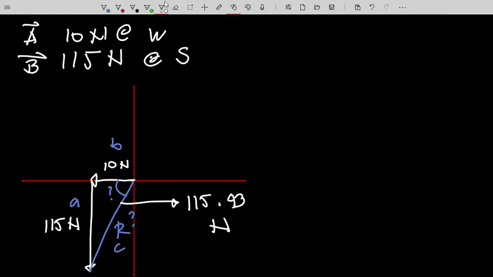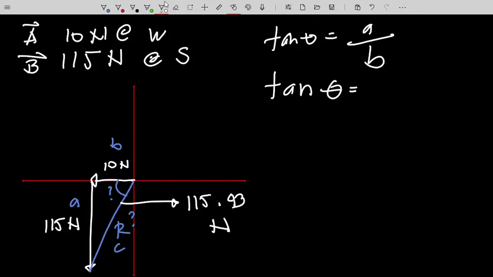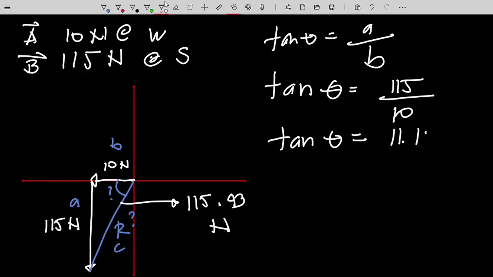Now let's try to find the angle of our resultant vector. We know the formula for getting the angle of the resultant vector is tangent theta equal to A over B. Now rewrite the given values. Tangent theta is equal to the value of A, which is 115, and the value of B is 10. Now divide these two values, then tangent theta equals 11.5.